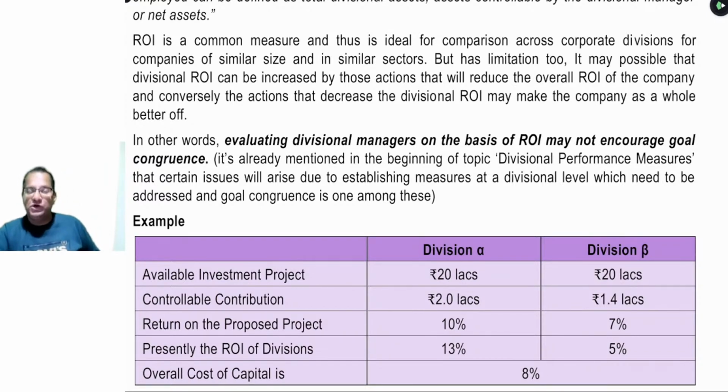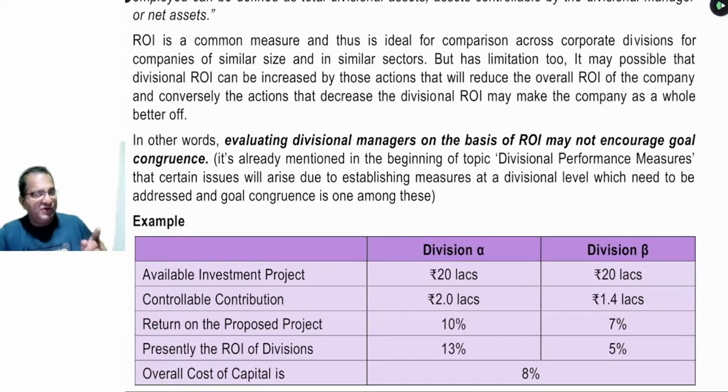Tell me, beta, what was his view? Presently, the department is earning 13% ROI. Okay. The department knows that at the end of the period, their performance will be measured on the basis of ROI. If department alpha is not in favor of the investment, the ROI is 13%, through which performance will be evaluated.